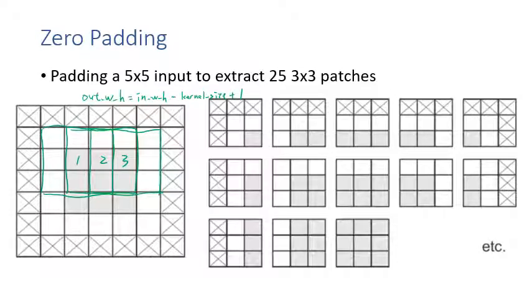To solve this issue, to keep the same width and height of the input feature map, we can use padding. Basically, we pad zeros around the images. If we pad zeros around the images, we can keep the same width and height of the original input feature map.